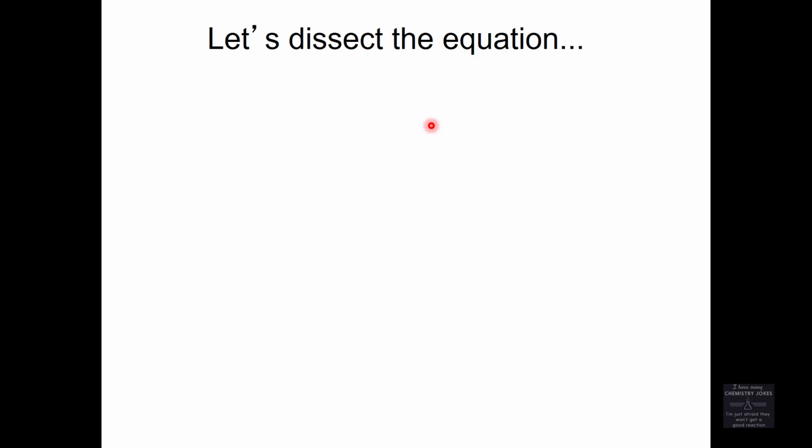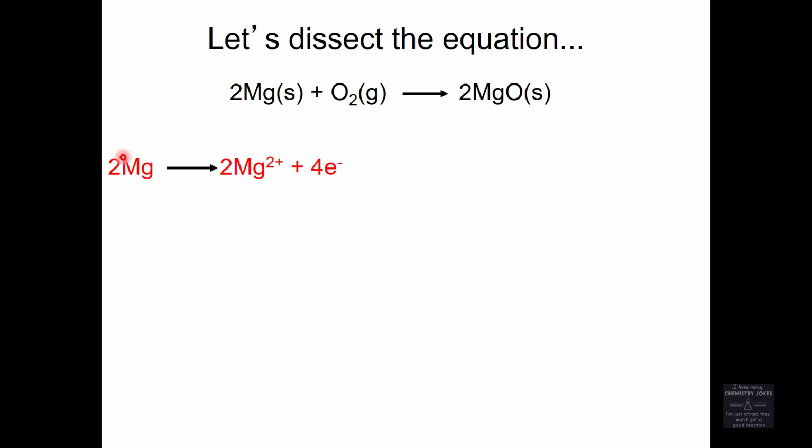I know I don't make sense sometimes. It's okay. So if we take that equation that we were given on that first slide and split it into the 2 separate equations that are happening simultaneously, let's do that. This magnesium becomes magnesium 2+. That's exactly what happened to the magnesium in this reaction.